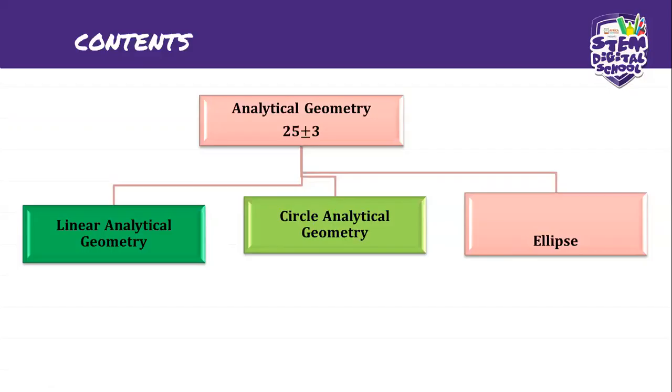But today's lesson is going to focus only on linear analytical geometry. The other subtopics will be done in the next lesson. So let me just take you through linear analytical geometry.